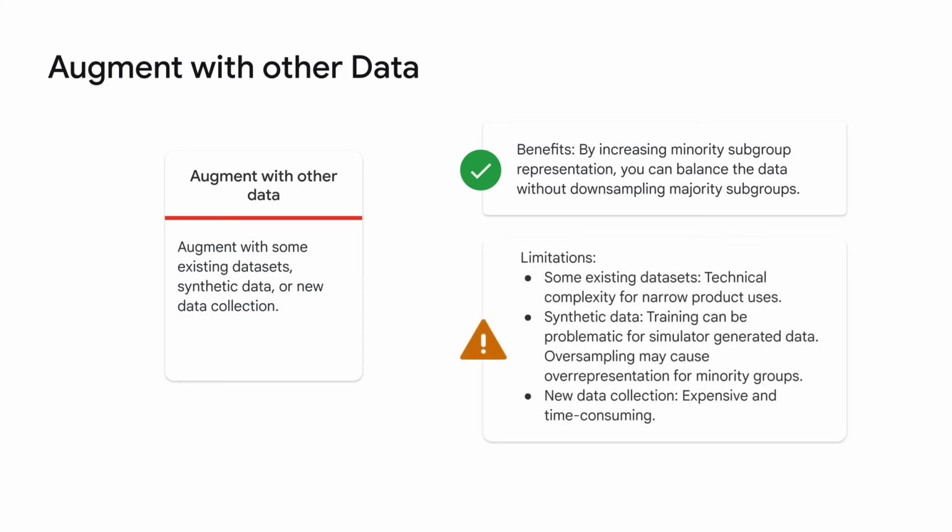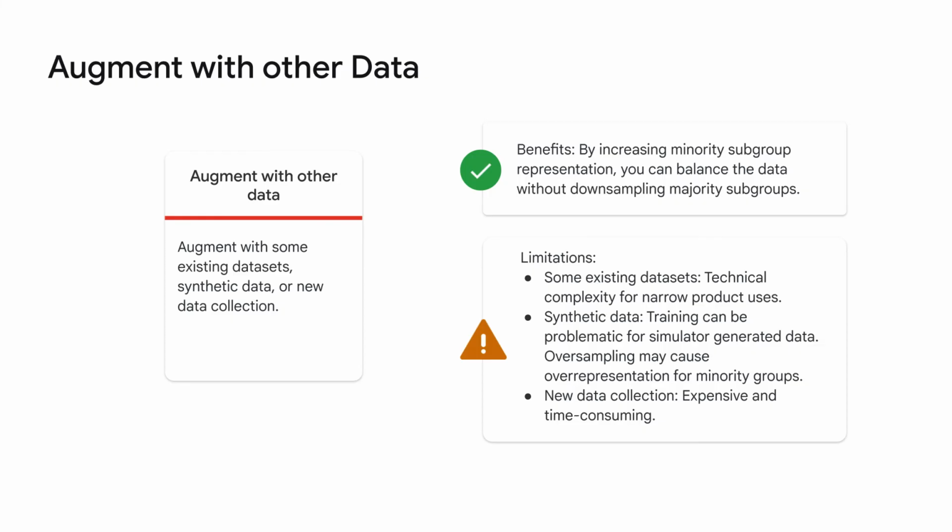However, each of the techniques has its own limitations. For narrow product uses with rare data attributes, usage of additional out-of-domain data may introduce technical complexity on the relevant ML tasks to overcome domain gaps. Training on synthetic data can be problematic, especially for simulator-generated data.